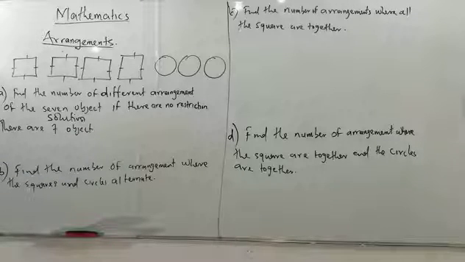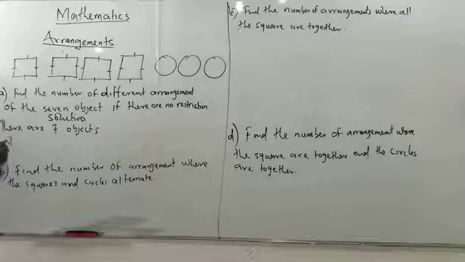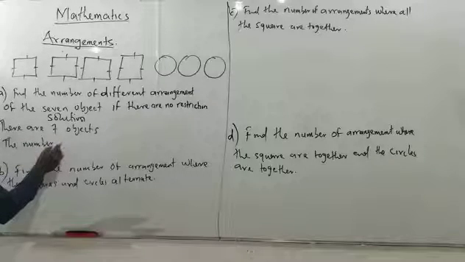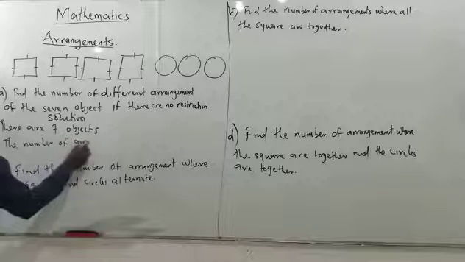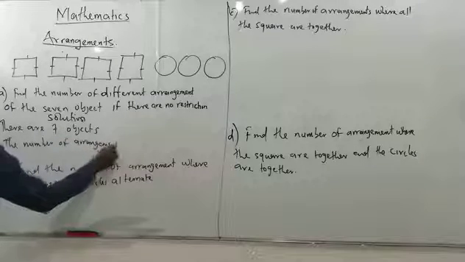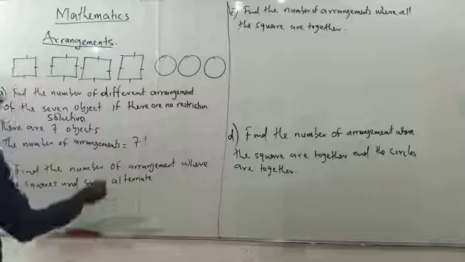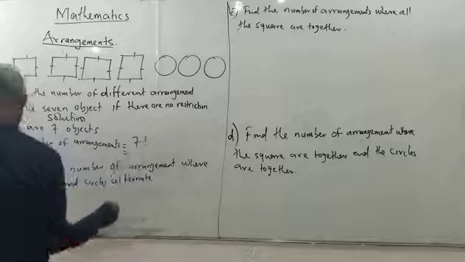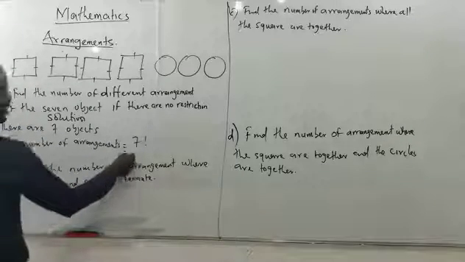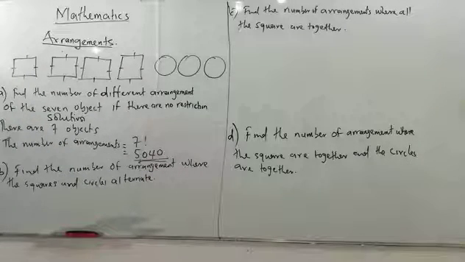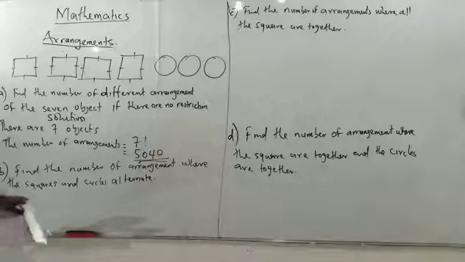Since there are 7 items, the number of arrangements will be equals to 7 factorial. And you all know that 7 factorial is equals to 5040. That is my answer.